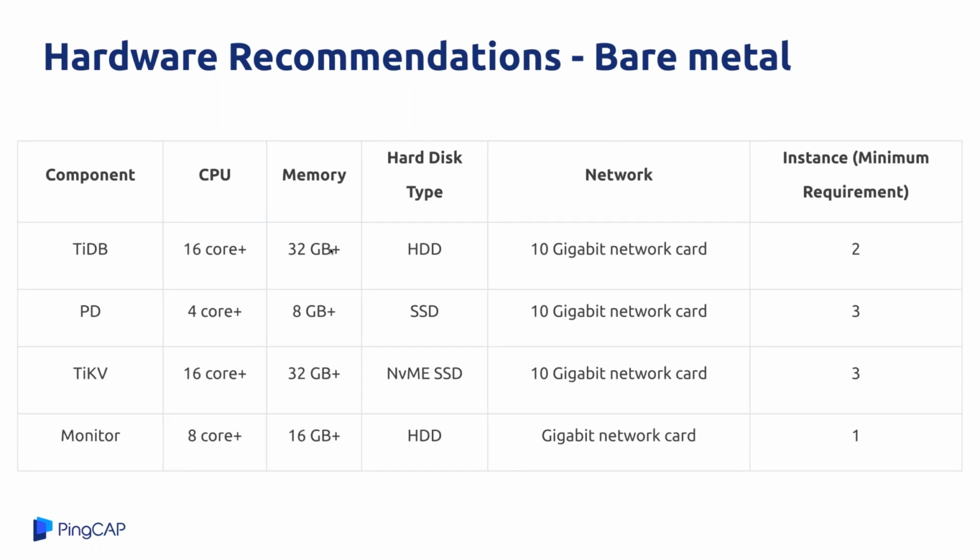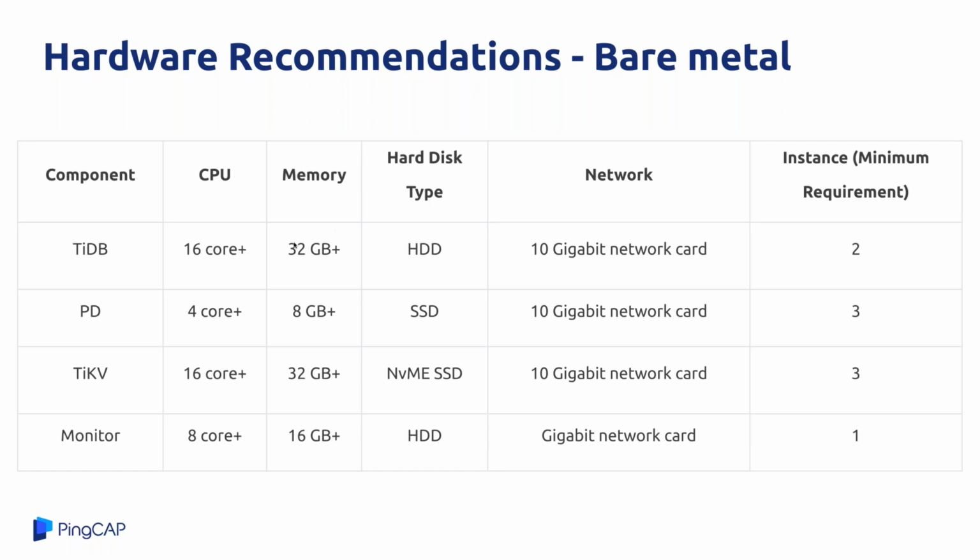Before introducing the deployment on AWS, I want to do a quick introduction of the hardware recommendations for bare metal machines. All of these are recommended for production usage. For example, if you want to deploy a TiDB server on your bare metal machine, the CPU should be at least 16 vCores.